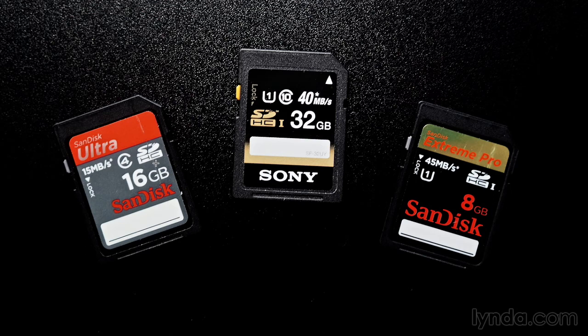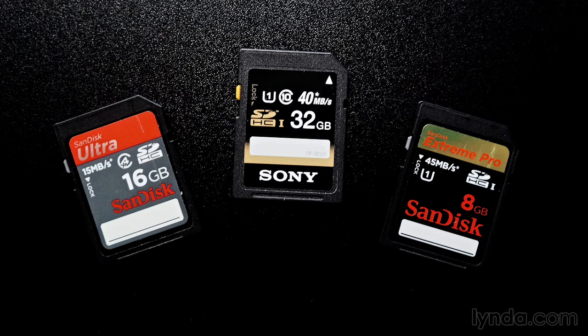Now, I don't think there's a 2 terabyte card out yet, but the standard will allow for it once they figure out how to do it. All right, so that is the SD designation. Now let's take a look at some of these other little marks on here. We have the C with the number in it, and that stands for class.